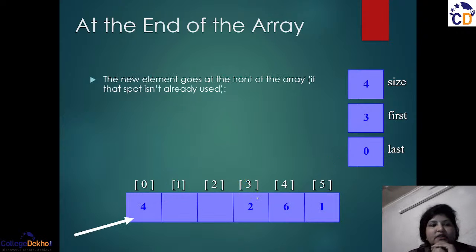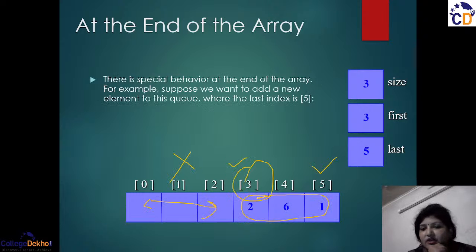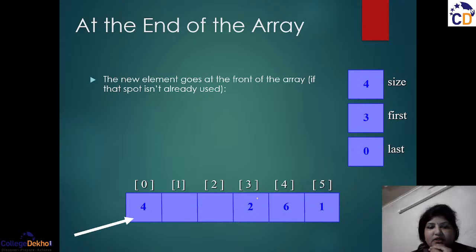Right? If we want to insert new elements, it goes at the front of the array if that spot is not already used. As we have seen, we have reached the end, right? Now nothing is there at the front of the array. Now we want to insert an element into this list, where is it inserted?